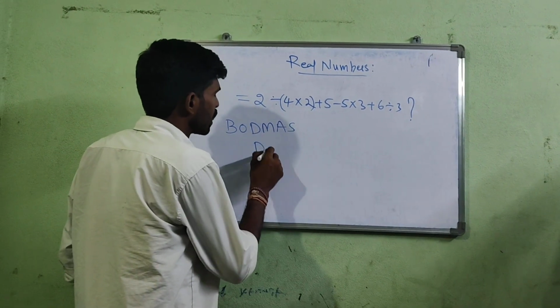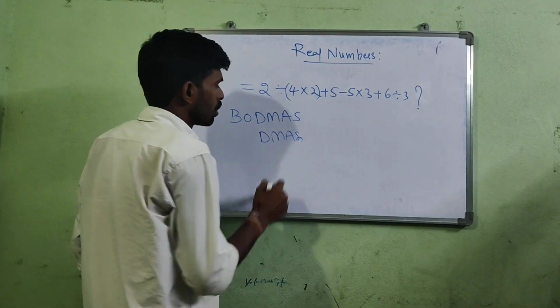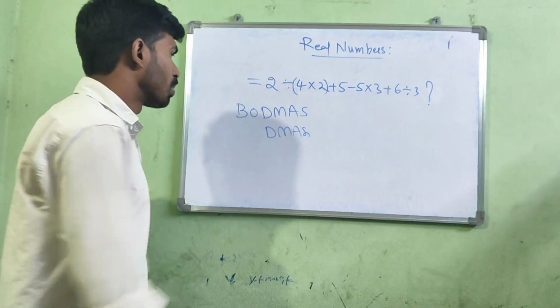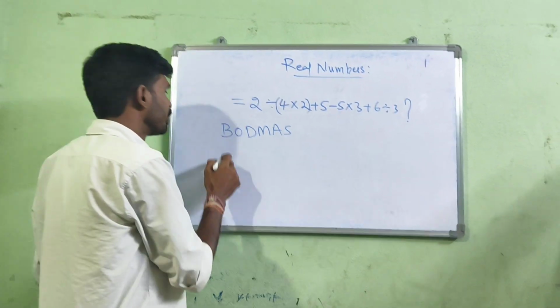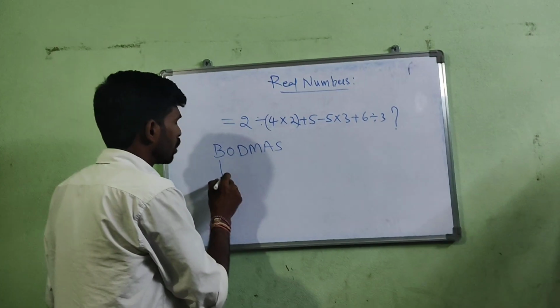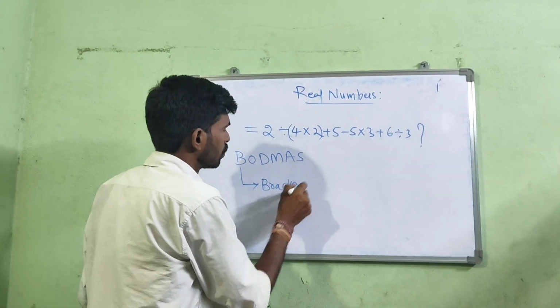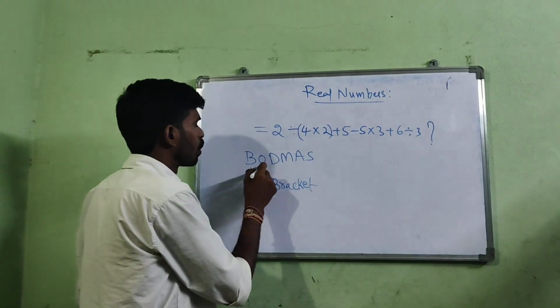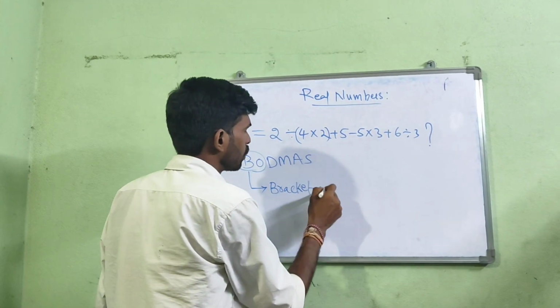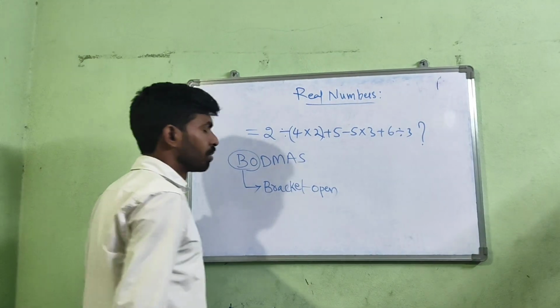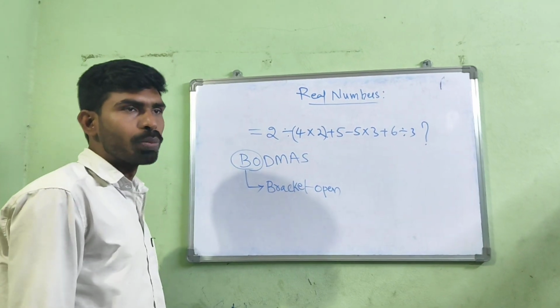Simply we can say DMAS. DMAS or BODMAS, what is BODMAS? B for bracket. BO is nothing but bracket open. First we need to do bracket open.